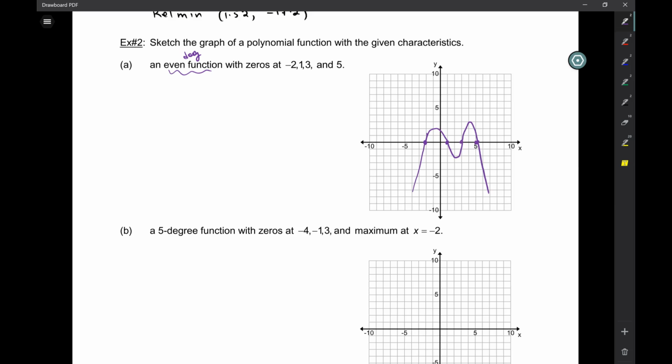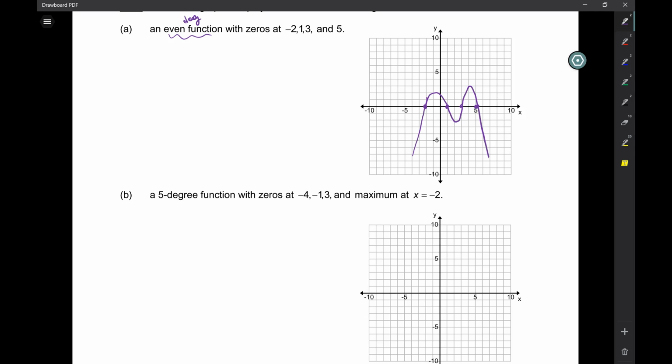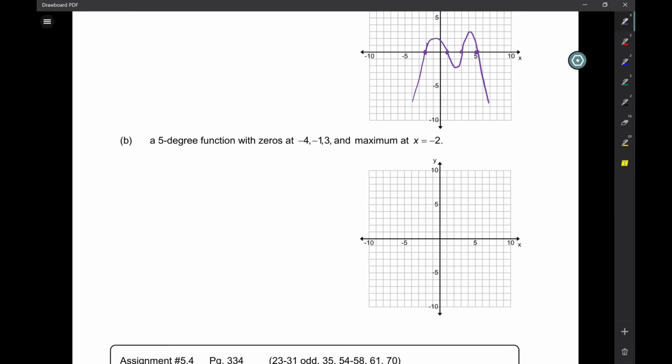All right, so let's do this one. Now we want a 5-degree function with zeros at negative 4, negative 1, and 3. And I want a maximum at x equals negative 2. At x equals negative 2, there has to be a maximum somewhere. It doesn't specify where, so I'm just going to put it there.